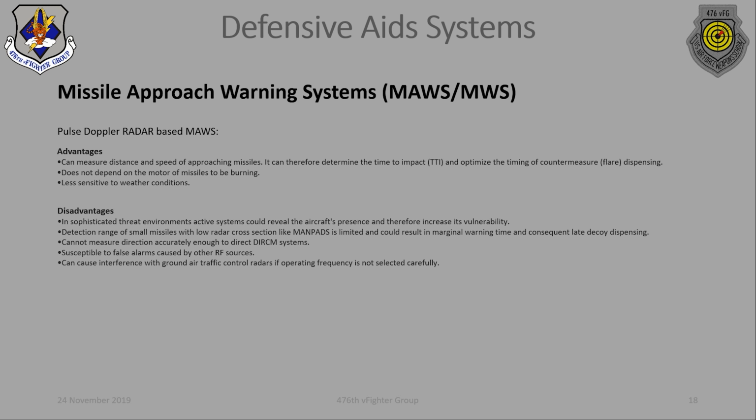But yeah, obviously, as you can well imagine, a radar-based system can provide distance, speed, direction, time to impact, all of it. So it allows very good, very rapid detection, very low false alarm rate, and it allows the aircraft to provide very good automatic countermeasures dispensing, maneuver advice to the pilot, etc. Doesn't need the motor to be burning at all, and ultimately weather has almost no notable effect on the system at all.